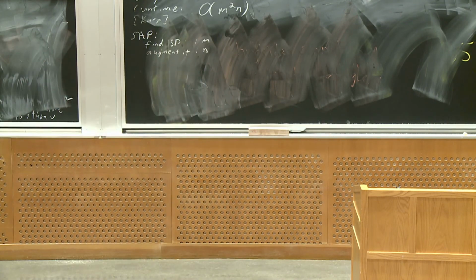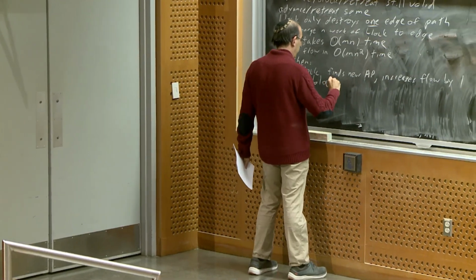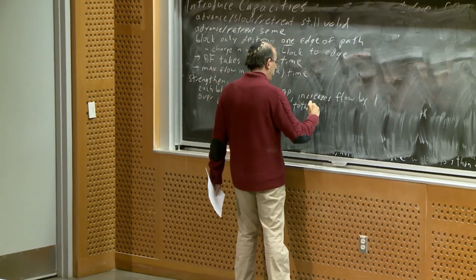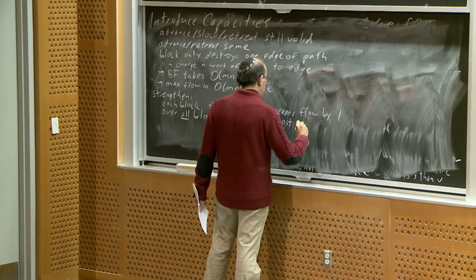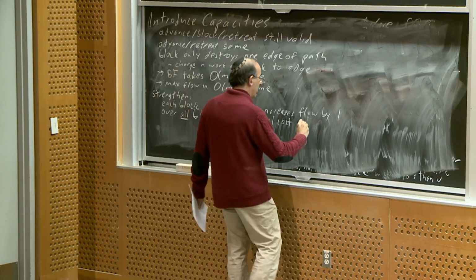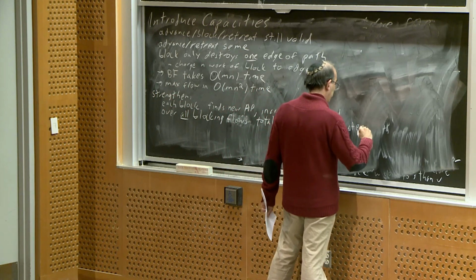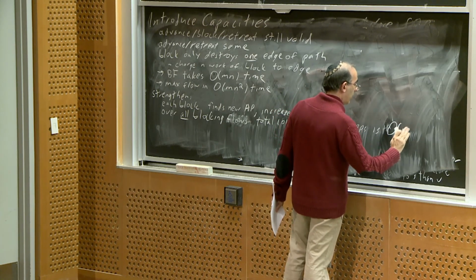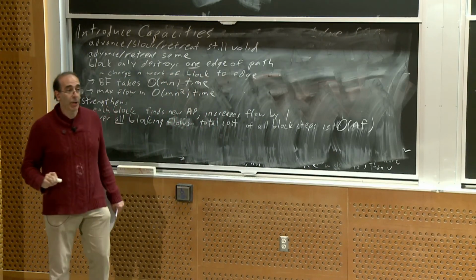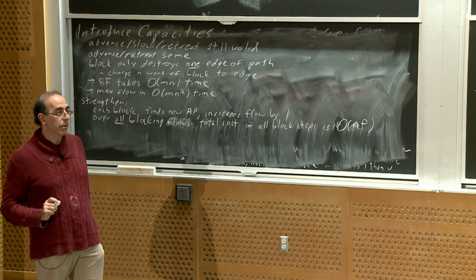And what that means is that over all the blocking flows, the total cost of all the block steps is order n times f, because we only spend n work doing each block, and each block contributes to that total of f that we found.